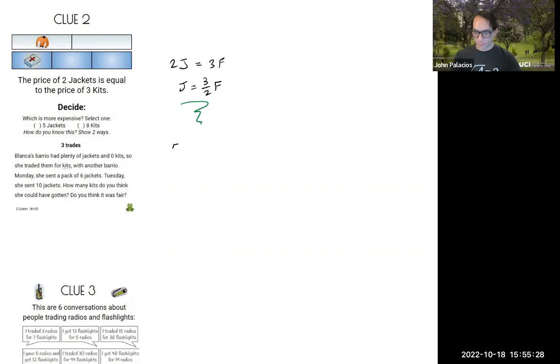So we have 5 times jackets. We use a substitution from the equation above to write 5 times 3 halves f.